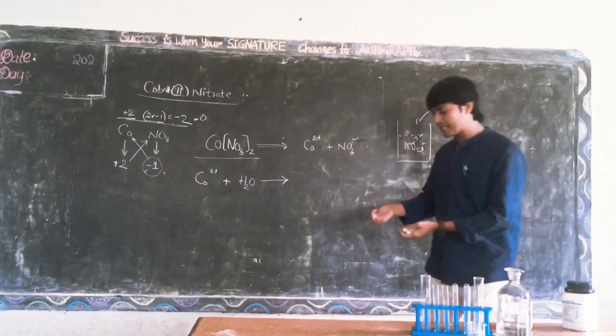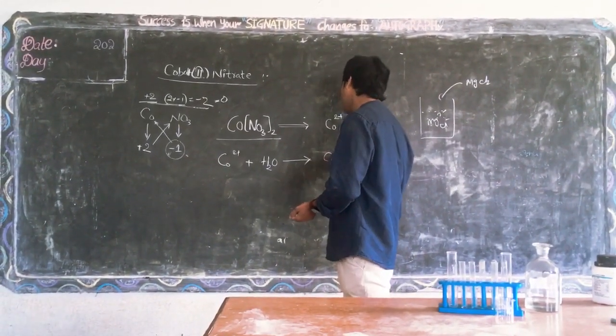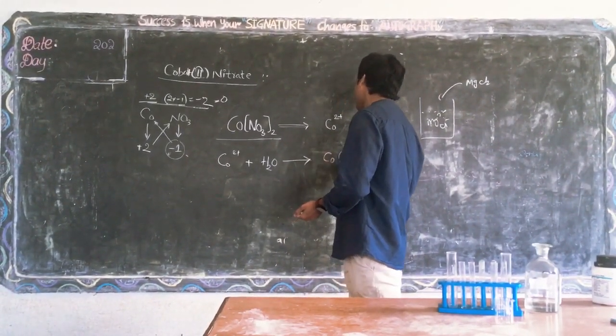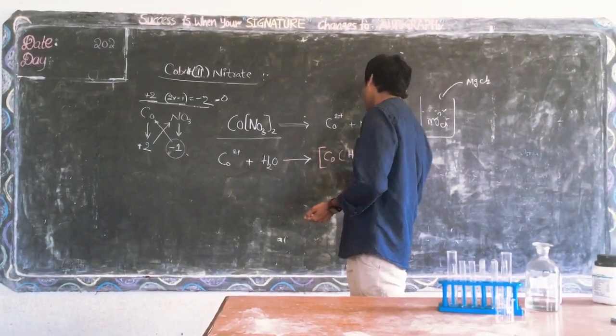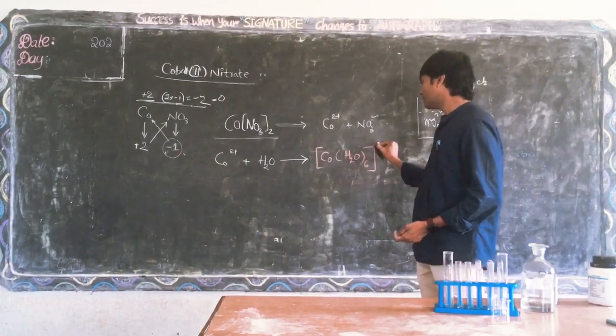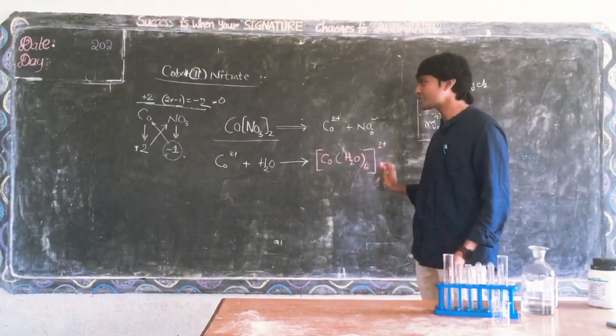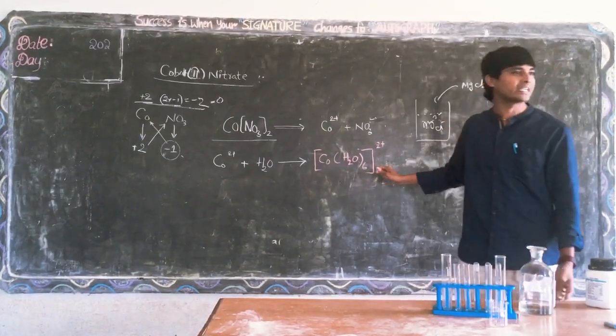So what complex does it form here? Co(H2O)6, like this. Here the charge is 2 plus because the two nitrate ions will be here as counter ions, with a negative charge.